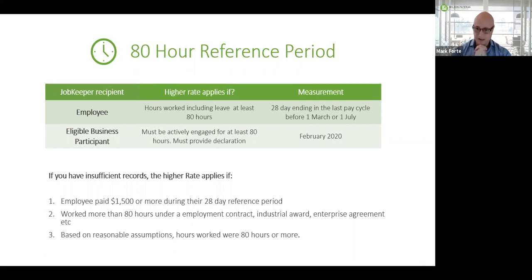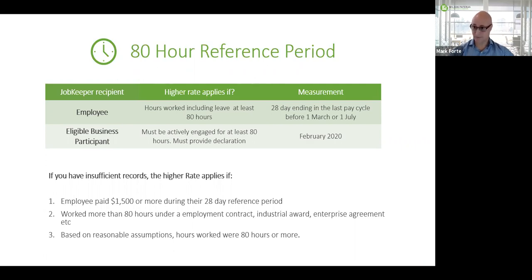So as an example, if the pay period before the 1st of March, the last one ended on the 15th of February, and it was a 1-month pay cycle, so it began on the 16th of January, that is your measurement period. Bear in mind that the pay cycle for the 16th of Jan to the 15th of Feb is 31 days. We can only do this for 28 days.